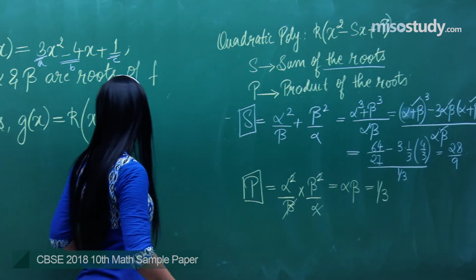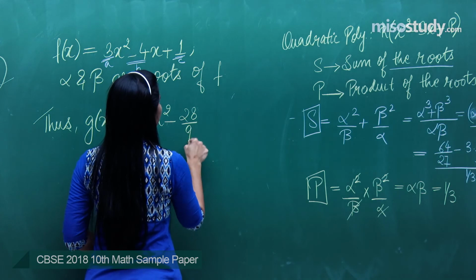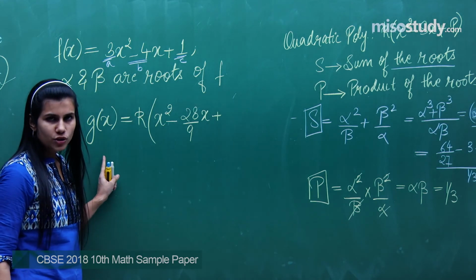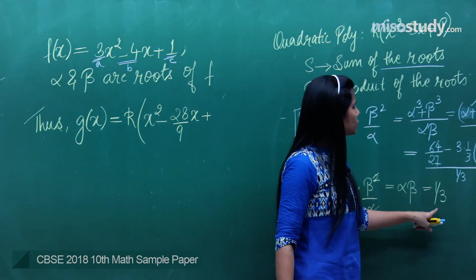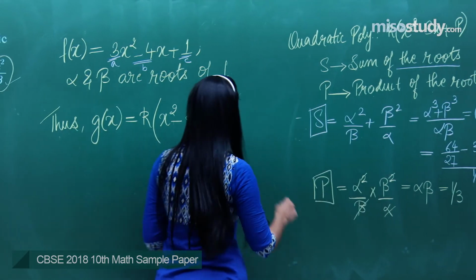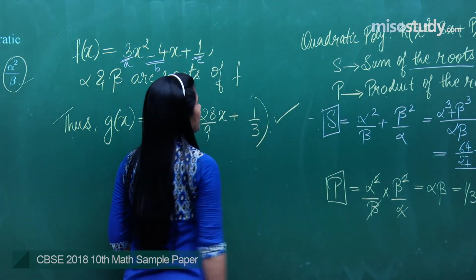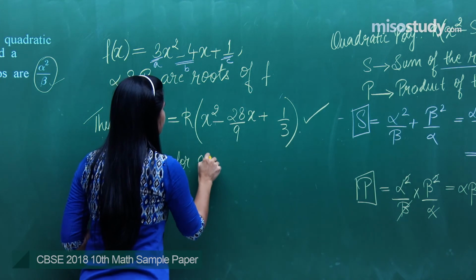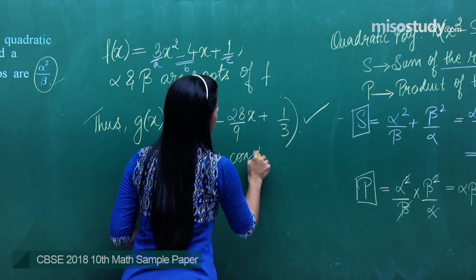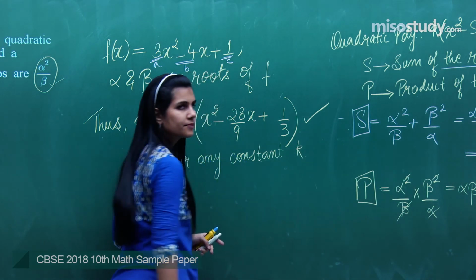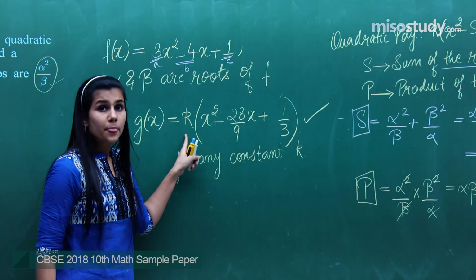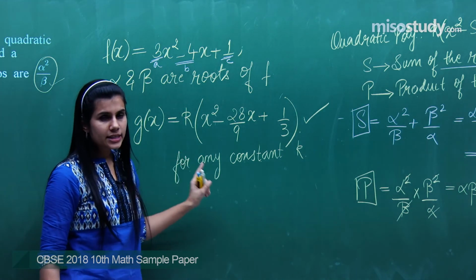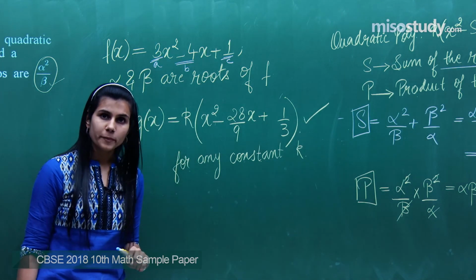And so you have minus 28 by 9 into x plus p, where p is the product of the roots of this unknown polynomial. The product of the roots is 1 by 3. And so this happens to be your polynomial g for any constant k. Because this k is not going to affect the roots or the zeros of this polynomial. So this k can be anything. It will not disturb the functioning of this polynomial g.